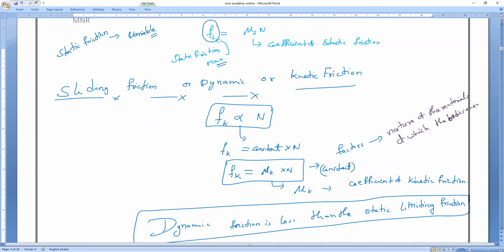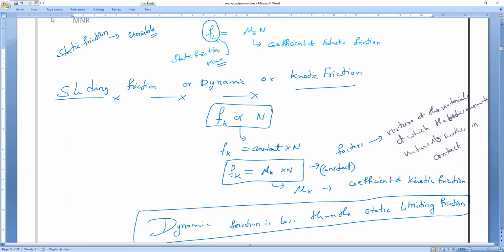And second, nature of surfaces in contact. The nature of surfaces means either rough surface or smooth surface or polished surface. That is the meaning of it.